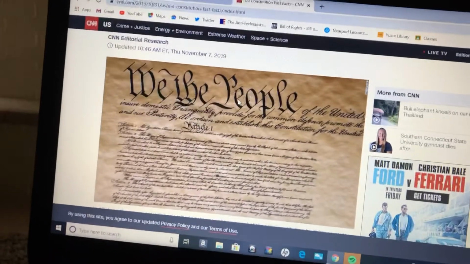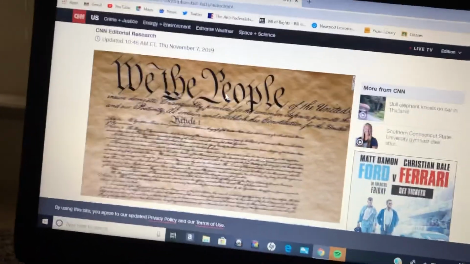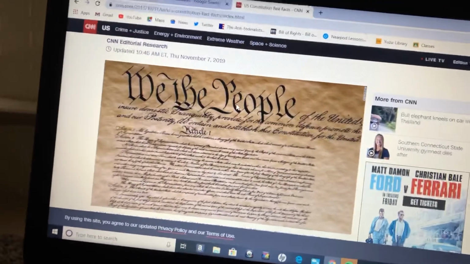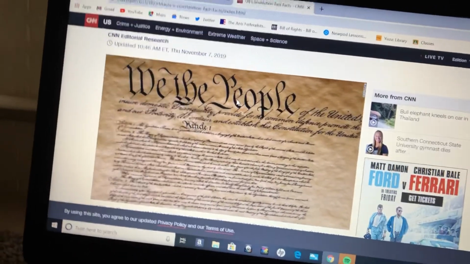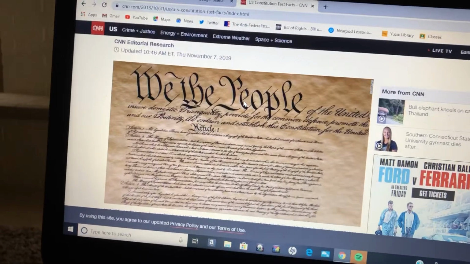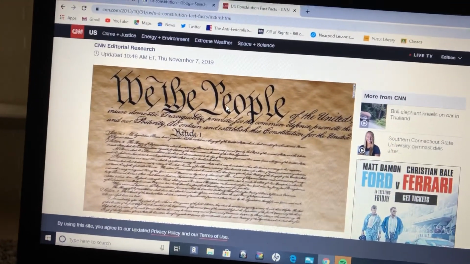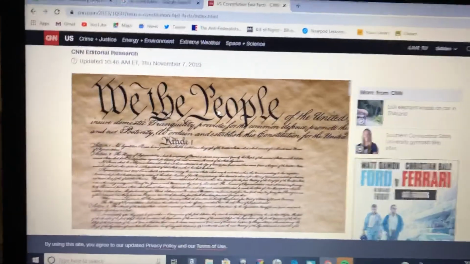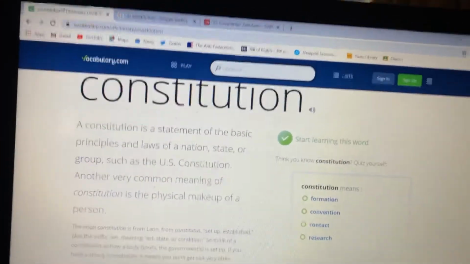Within the document itself, you also see the Bill of Rights, which has terms such as the First Amendment. Essentially, it's a good example of a document that gives a set amount of rules. Again, the term that we are looking at is constitution.